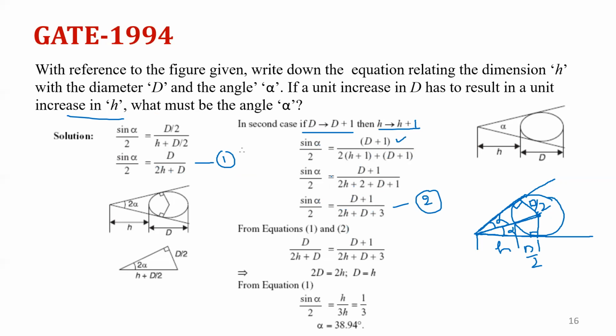From equations 1 and 2, if you equate, you get 2d is equal to 2h, therefore d is equal to h. Substituting d equal to h in equation 1, sine alpha by 2 is equal to 1 by 3. Therefore, alpha is equal to 38.94 degrees.